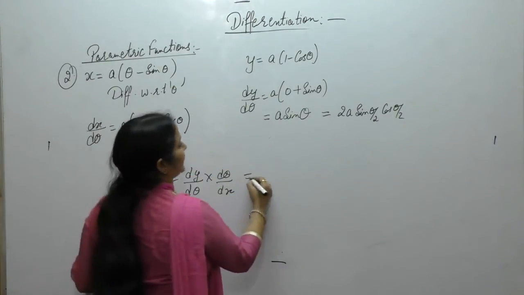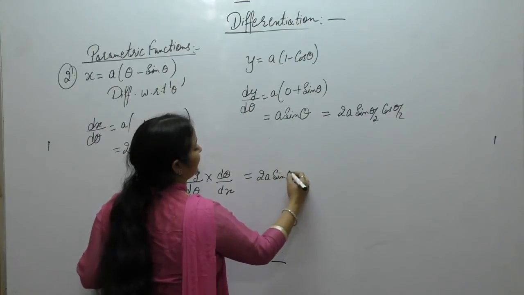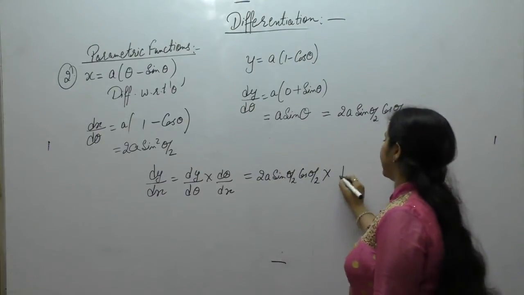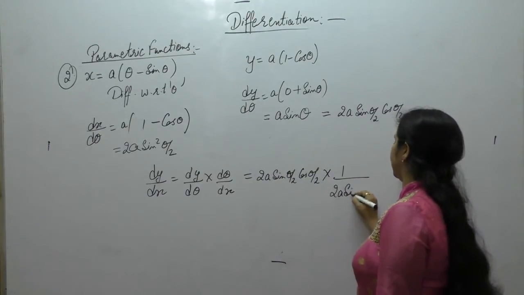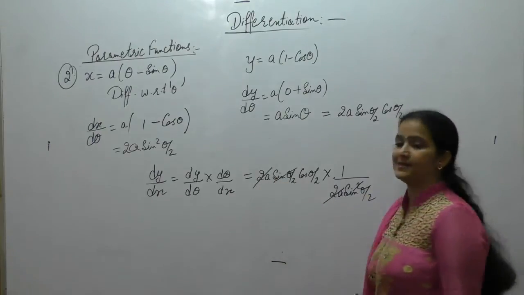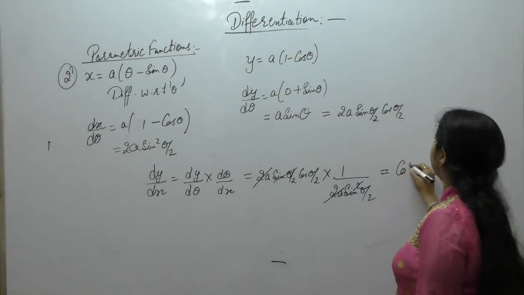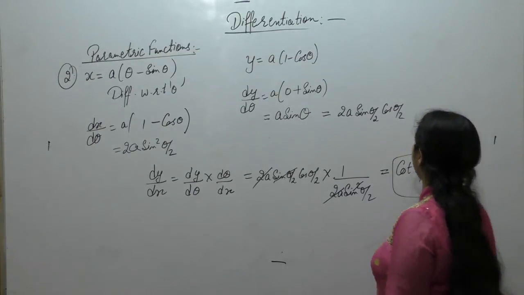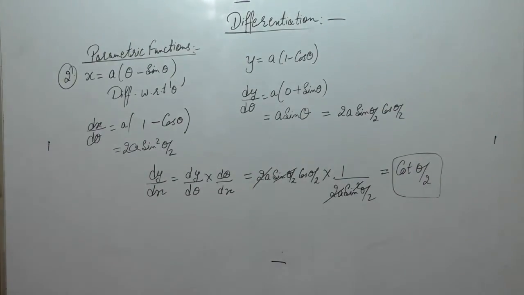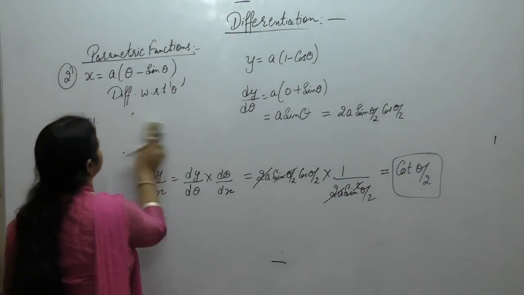Dy upon d theta is 2a sine theta by 2 cos theta by 2 into d theta by dx, reverse the term, 2a sine square theta by 2. 2a will get cancelled, 1 sine will get cancelled, cos upon sine, that is cot of theta by 2. Now the next one.